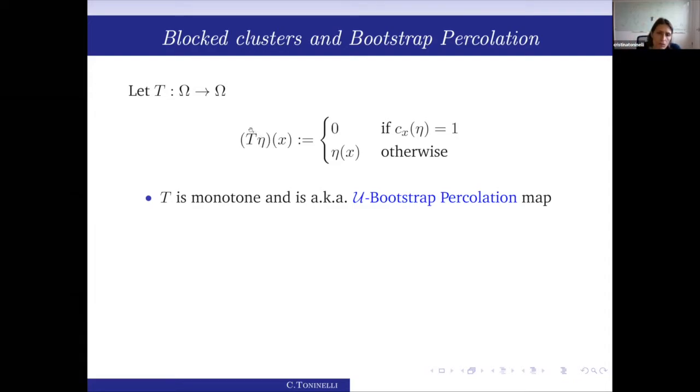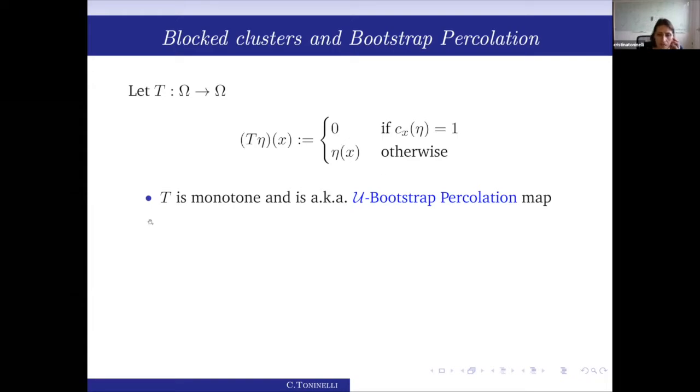In order to do that, you simply have to apply a deterministic algorithm, which is the following. You pick your initial configuration eta, and then you apply to eta the following map, the map T, which empties all the sites in which the constraint is satisfied. So on site x, you put 0 if the constraint is satisfied, or preserve the existing configuration if the constraint is not satisfied.